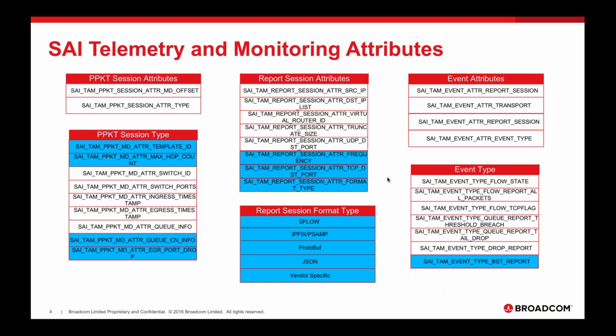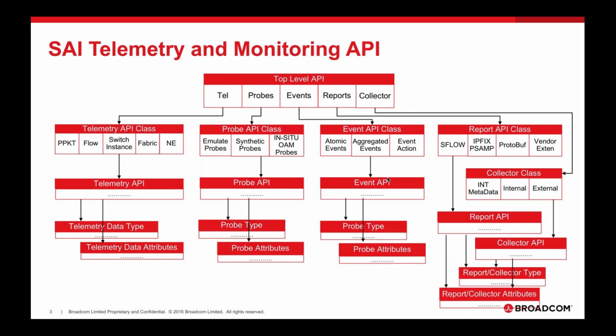Oh, I see. Okay. So that's actually in the probe API class. The probe API class will give the ability to specify a 5-tuple, or maybe more if it's tunneling traffic, and then you can use this API to say, this is my 5-tuple, tell me which way this flow is going.